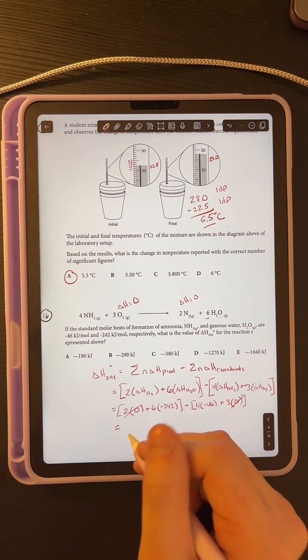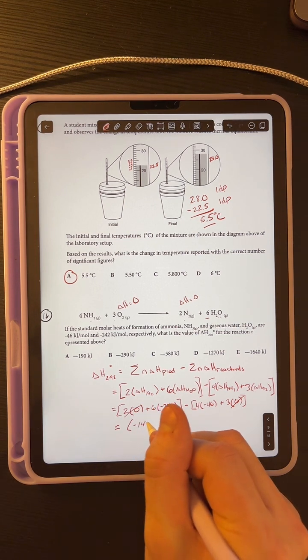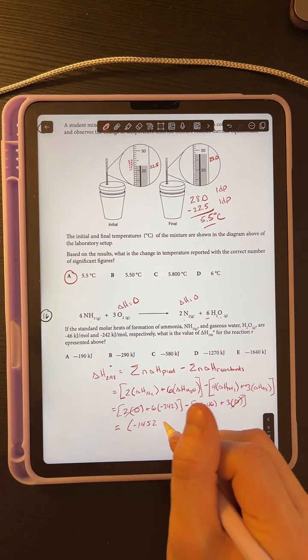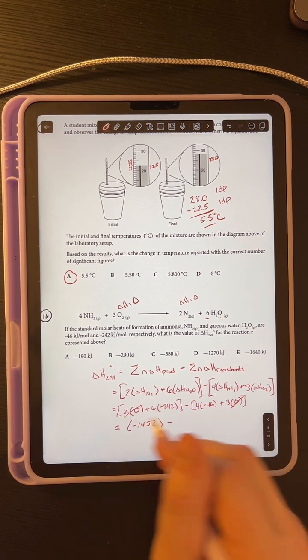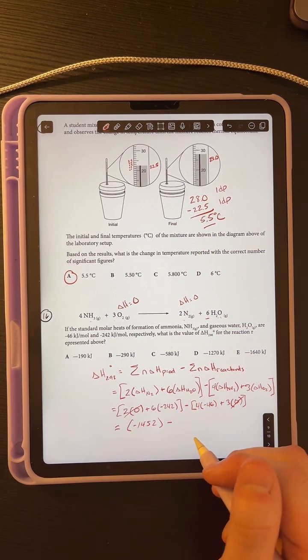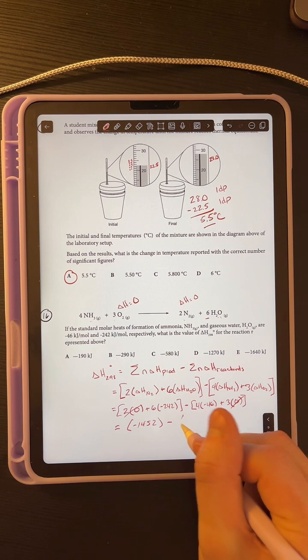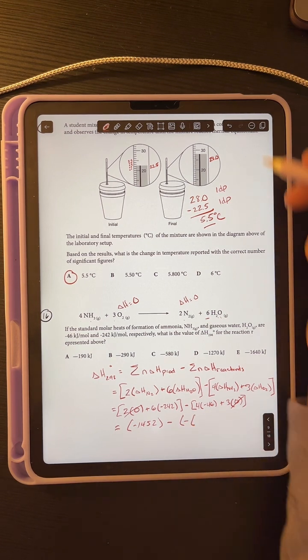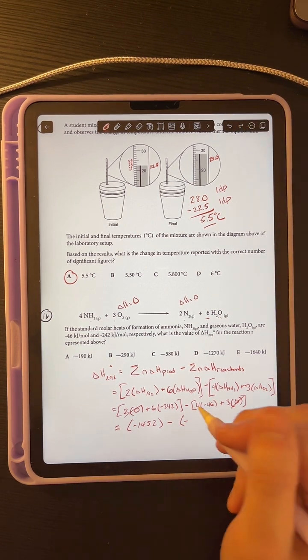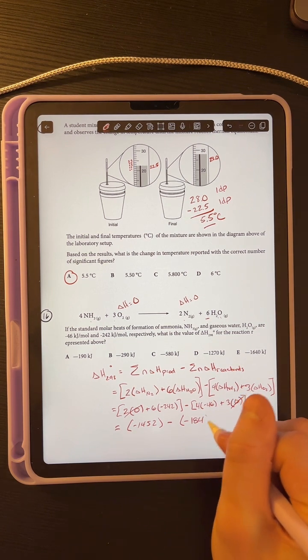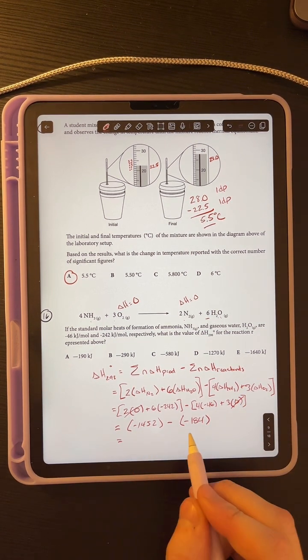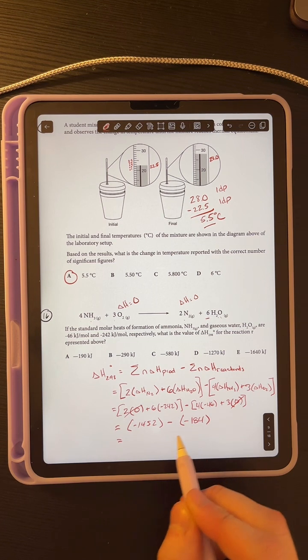So now when we go and solve, we end up getting a negative 1452 for that side. Then we have a minus a negative 184. And when we do this, a negative times a negative becomes a positive.